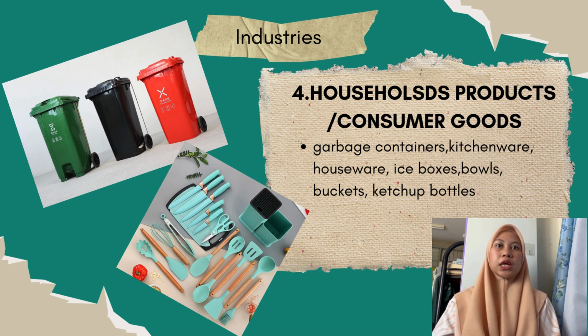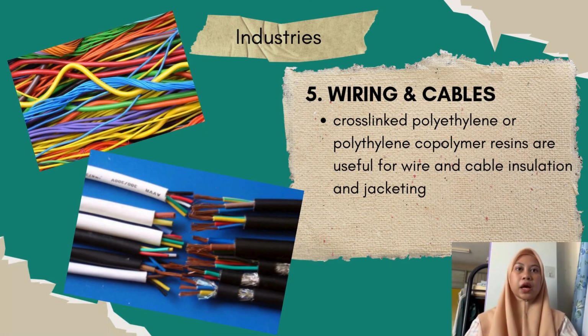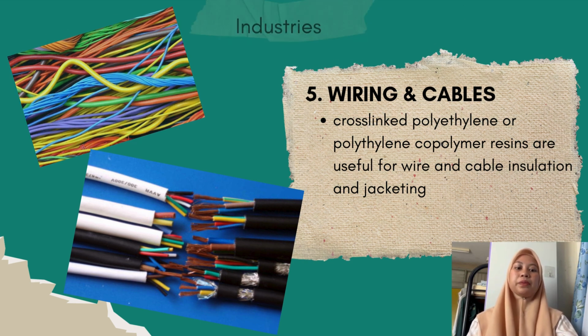So the example we take is garbage container and kitchenware. For lastly, wiring and cables, cross-linked polyethylene or polyethylene copolymer resins are useful for wire and cable insulation and jacketing. The example we take here is wire and cable.